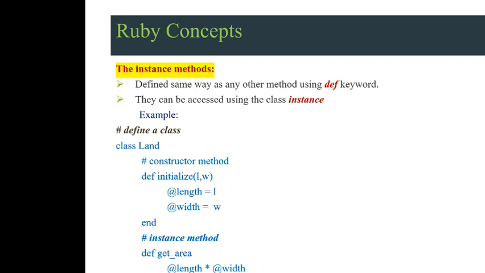I'm passing two parameters, L and W, and then I'm storing those L and W values into the instance variables, at length and at width. Then I have one more method here, which is called an instance method, or just a method. It is def get_area, end, and I have at length multiplied by at width. So this is a very simple class. Length, and what's the purpose?